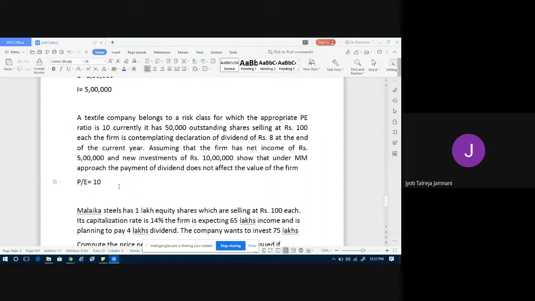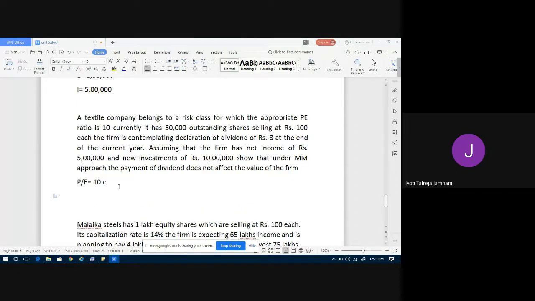Cost of equity is equal to reciprocal of PE. What is reciprocal? 1 by 10. They've given you 10, you make it 1 by 10. I'm taking reciprocal of it. So cost of equity will be 1 divided by 10.